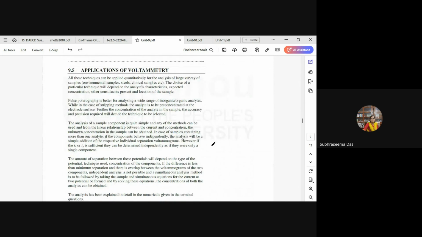So now coming to the applications of voltammetry. All these techniques can be applied quantitatively for the analysis of a large variety of samples, such as environmental samples and steel samples. Now the choice of a particular technique will depend on the analyte's characteristics, expected concentration and other constituents of the sample.